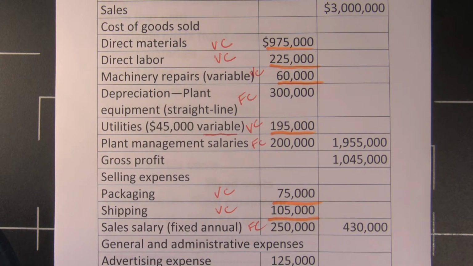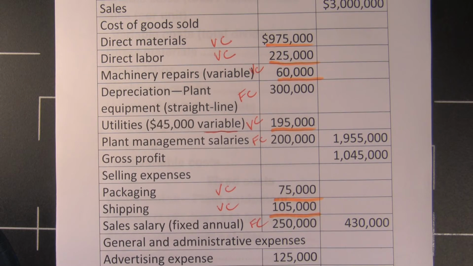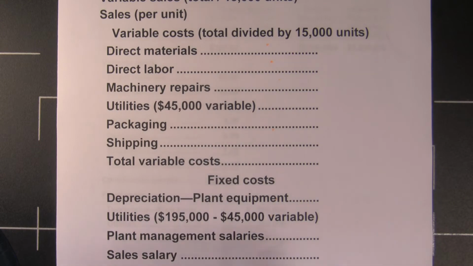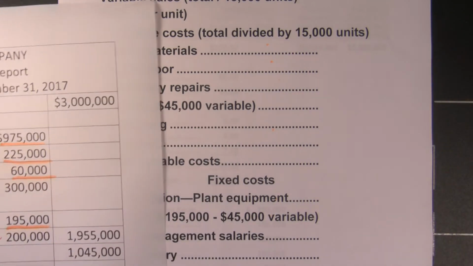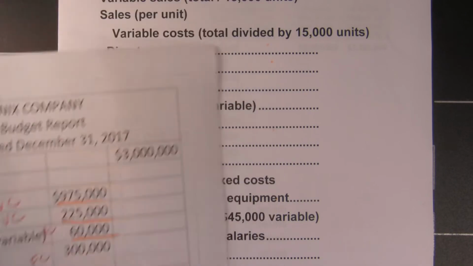Divide by 15,000 and find out how much direct material is in each item, how much direct labor is in each item, how much variable machinery repairs are caused by each item, etc. So, we're going to do that. We're just going to take these numbers and do a bunch of divisions.